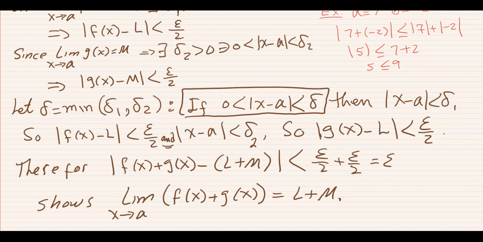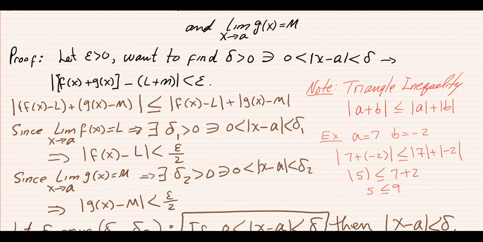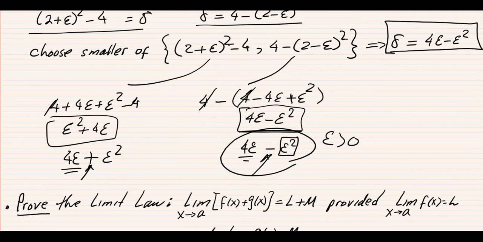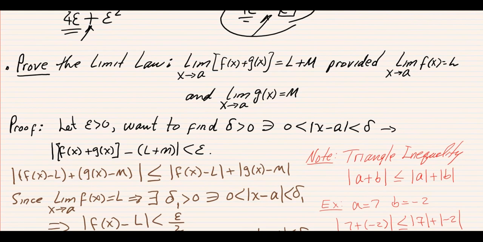So therefore, the absolute value of f of x plus g of x minus L plus m has got to be less than epsilon over 2 plus epsilon over 2, which is epsilon. Yeah, that looks good. Okay, I'm okay with it. So we're done. Looks like we managed to do this. Okay, so this is going to wrap up our lecture truly this time. We're done with section 1.3.